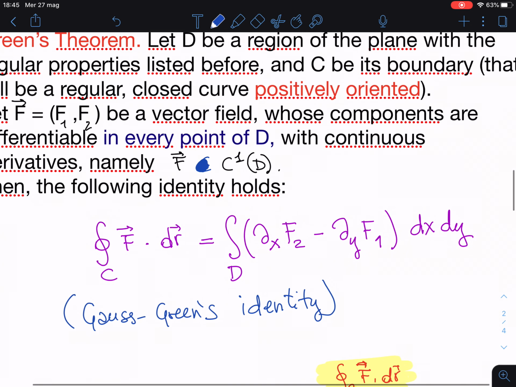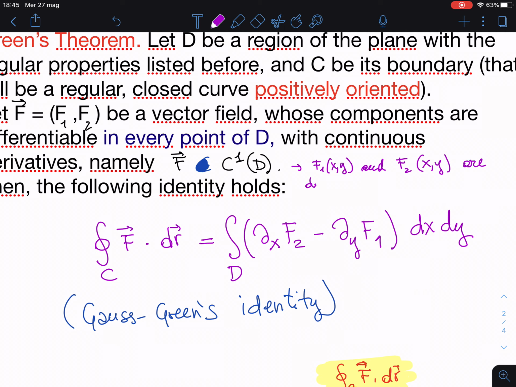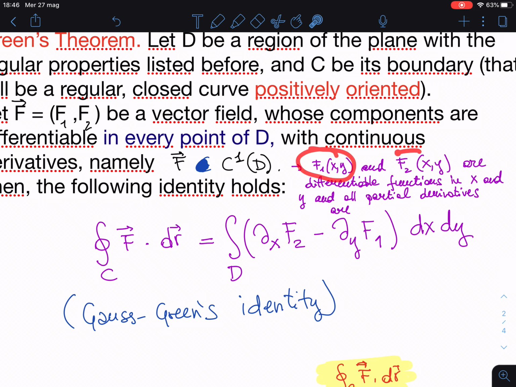This is just a notation that says that the components, F1, which is a function of x and y, and F2, which is again a function of x and y, are differentiable functions in the variables x and y, and all partial derivatives, there are two partial derivatives for F1 and two partial derivatives for F2, are continuous.